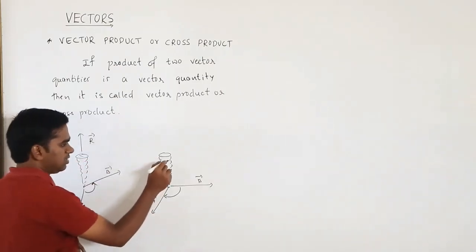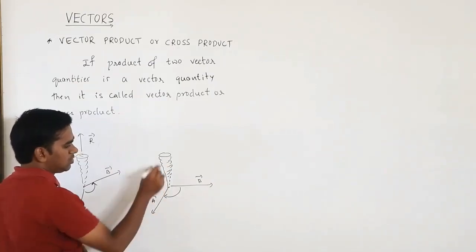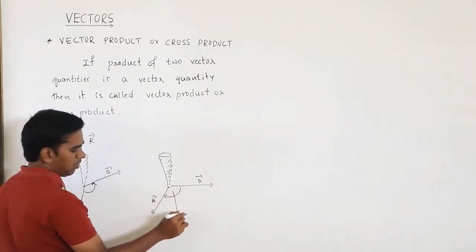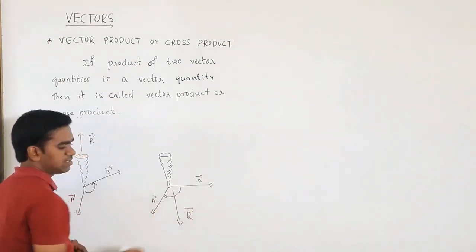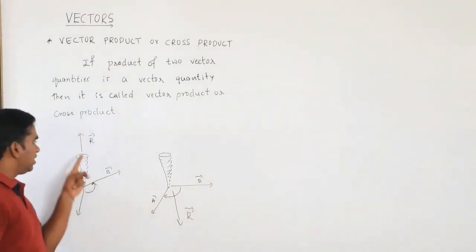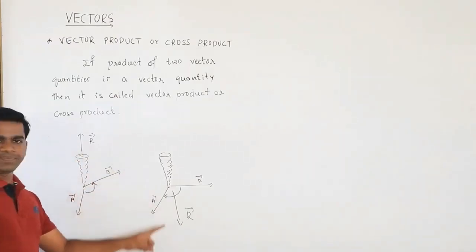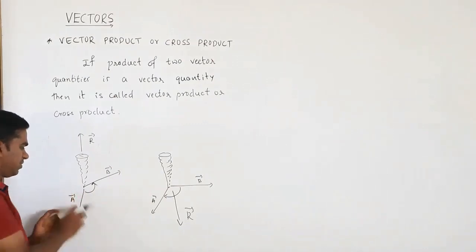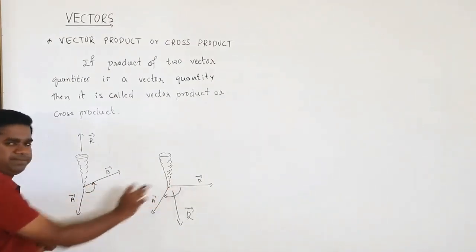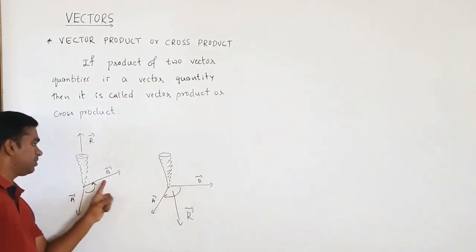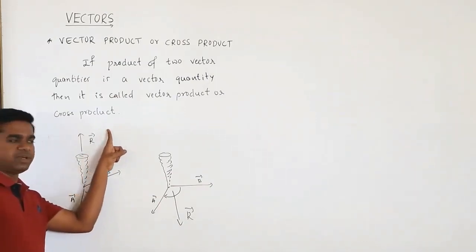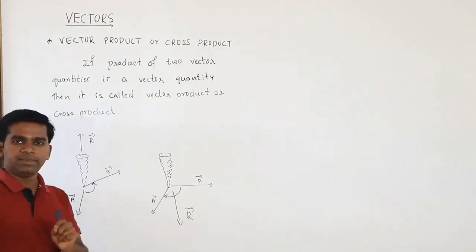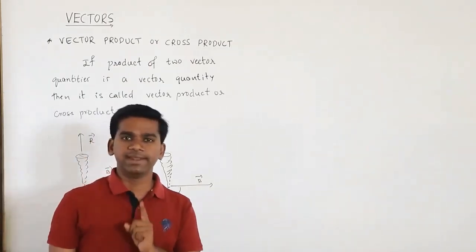So this is going to be the resultant. The direction of the resultant is changing because of changing the direction of A and B. When you rotate from A to B, the resultant was upward. When you rotate from B to A, the resultant is downward. That means the resultant has some direction.